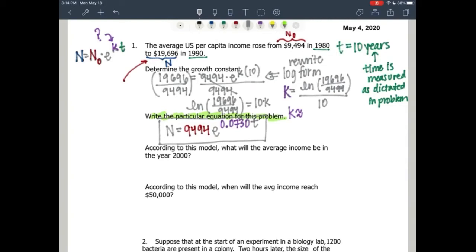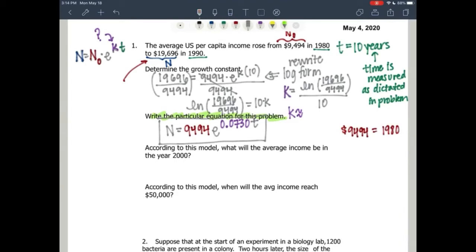What if we're only talking about 5 years? What if we talk about 1995? What if we talk about the year 2000? We can put these values in and get values out. According to this model, what will the average income be in the year 2000? Well, $9,494 happened in 1980.